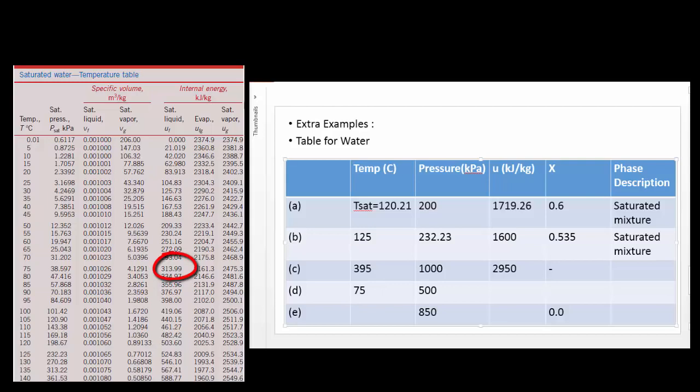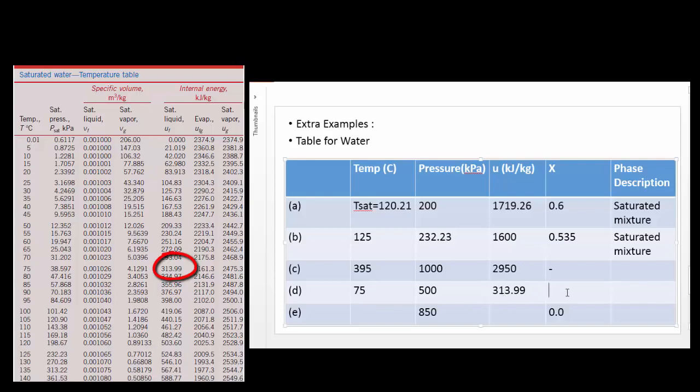You can say the internal energy at this pressure and temperature is approximately equal to the internal energy at saturated liquid at this temperature, meaning U equal to 313.99. Again, I repeat, the internal energy of this compressed liquid can be approximated to the internal energy at a saturated liquid of 75 degrees Celsius.